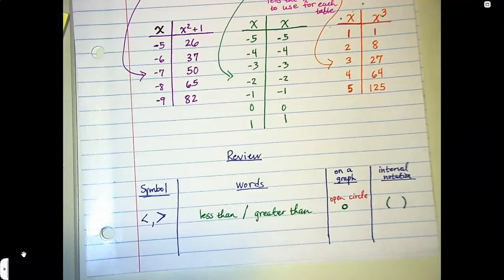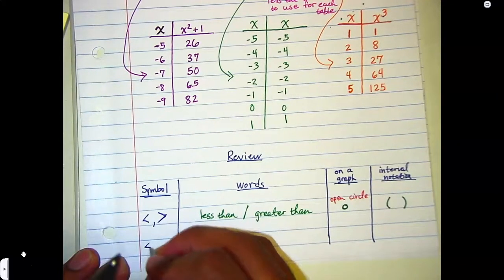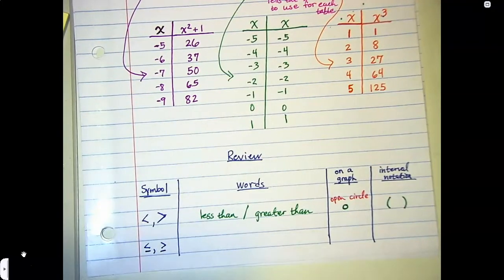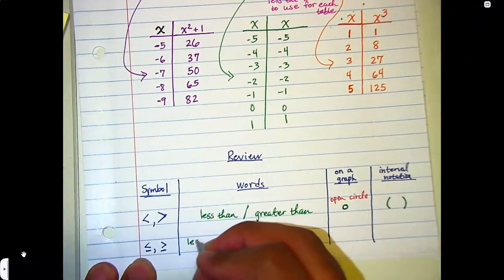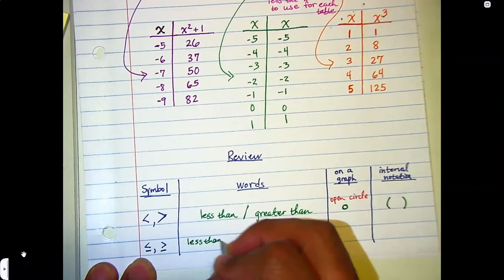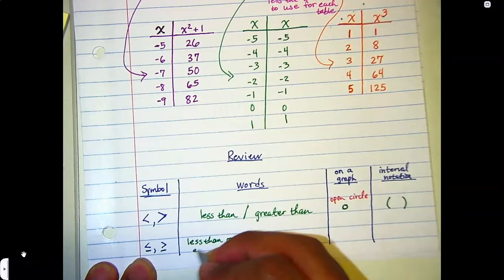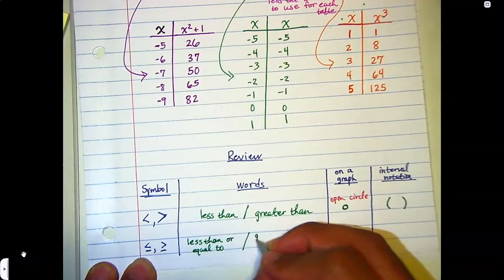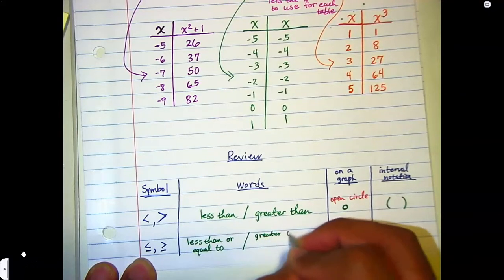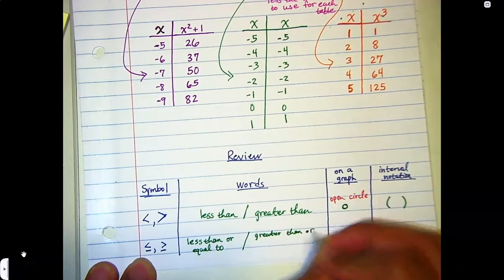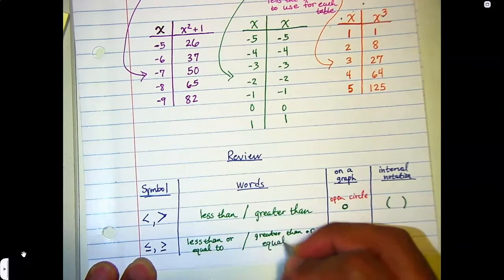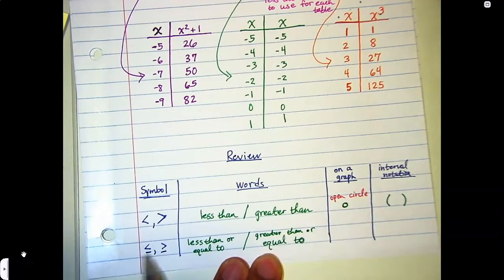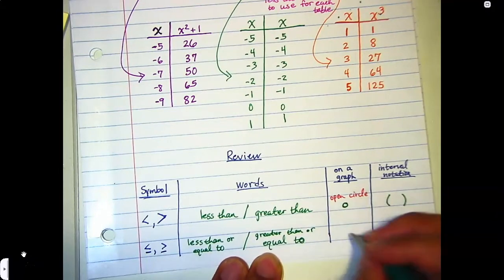Right, so that means the other part is the less than or equal to, greater than or equal to. And we said because of that equal sign right there, these were both closed circles.